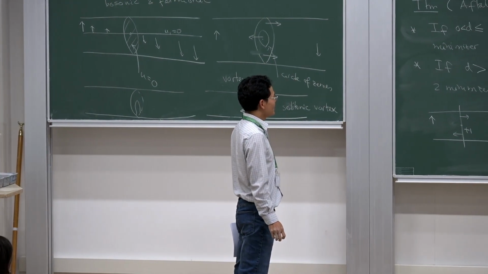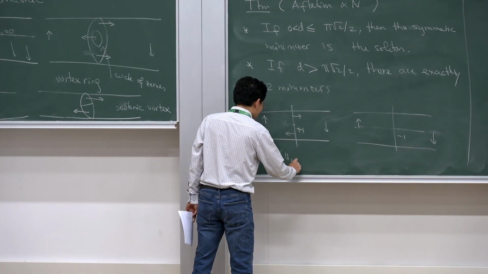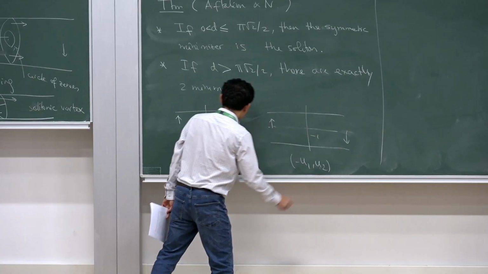Basically, it's just a flip in the sign of U1, right? So this one here is U1, U2, and this is -U1, U2.